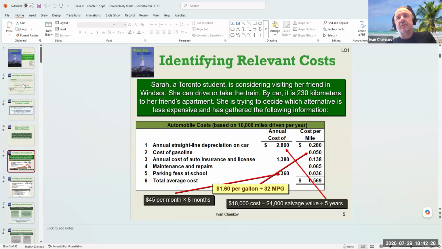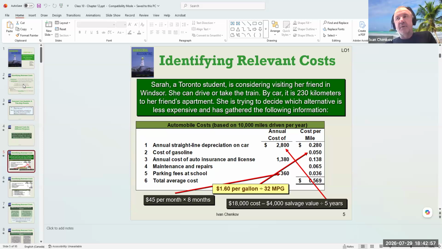She decided to go, and she has two alternatives. One is to go with the car. The other one is to take a train. And she asked, okay, which alternative should I take? So now she prepares some information, and the first of all the costs that she considered for her decision is the annual straight line depreciation of the car.